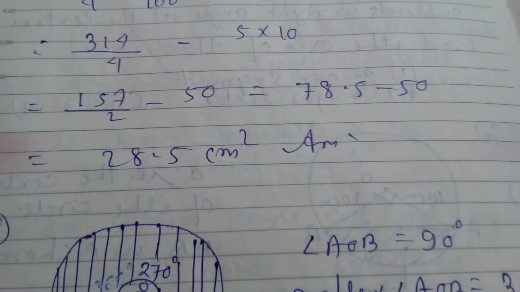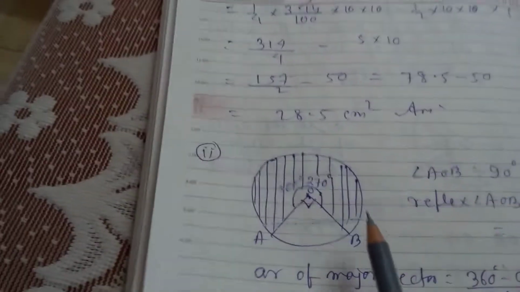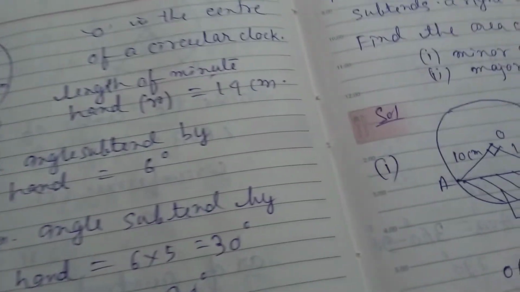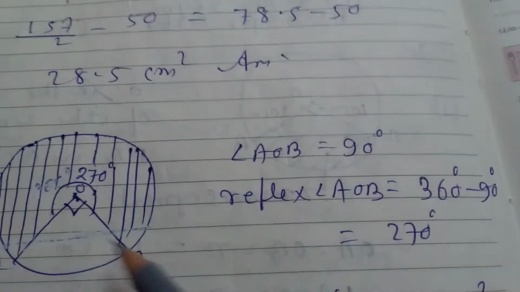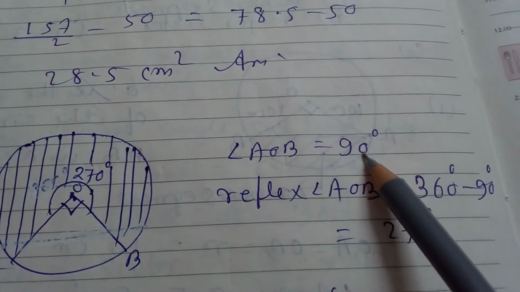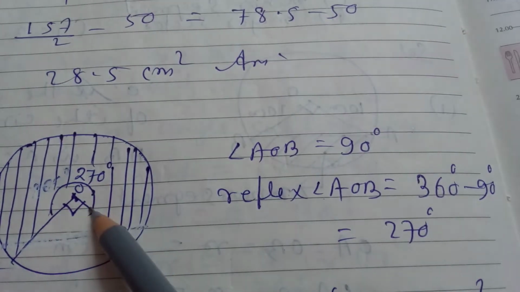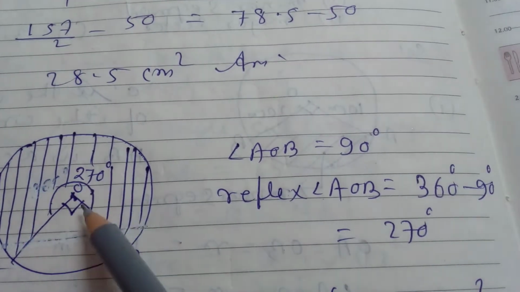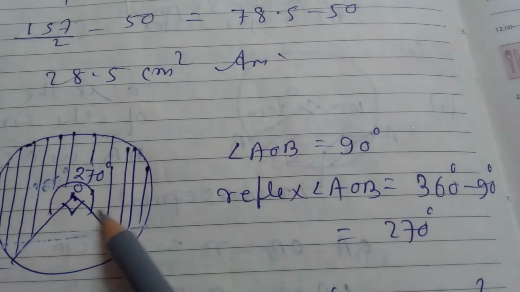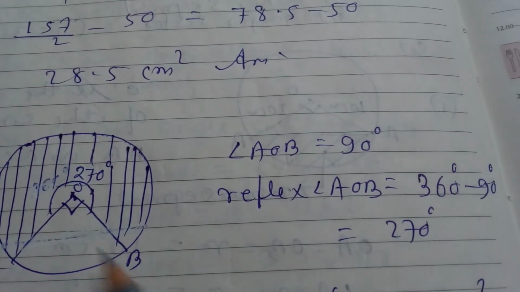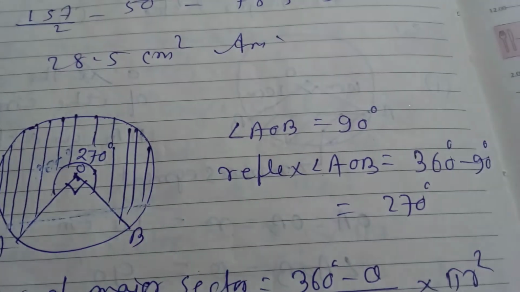And now the second question is the area of the major sector. Area of the major sector. So angle AOB, look here, angle AOB equal to 90 degree, and this portion is the major sector portion, reflex angle AOB equal to 360 minus 90, that is 270 degree.